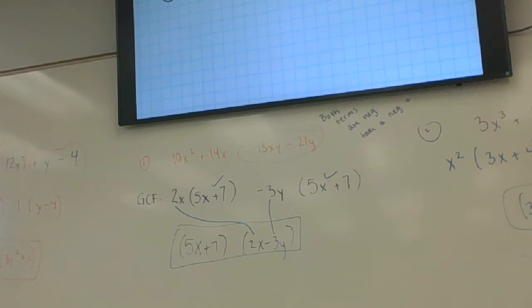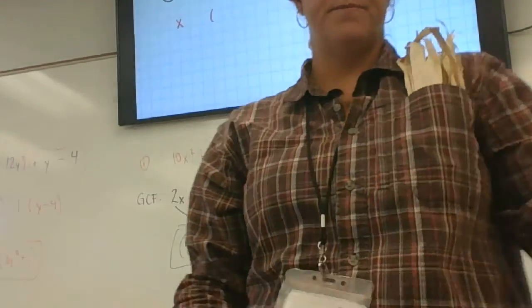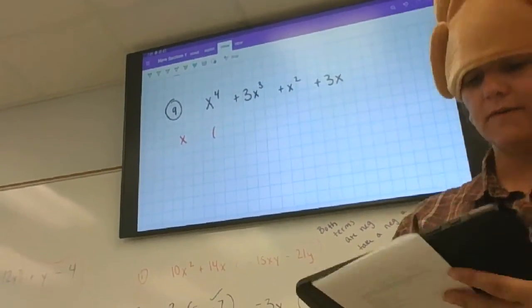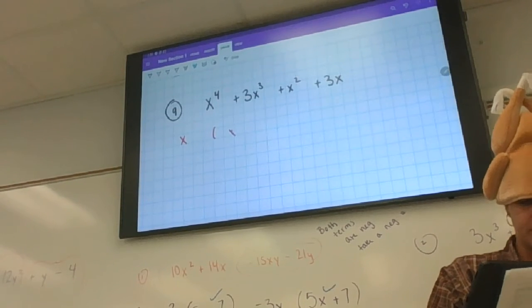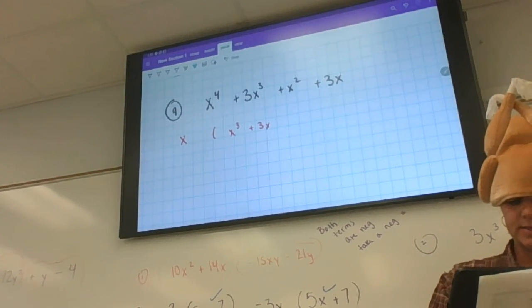Is there a GCF the way it begins? What can everything be divided by? I'm gonna take an X. All parts. There's too many X's in the problem. All parts of an X. So I'd like to rewrite it, taking one X and putting it out front.